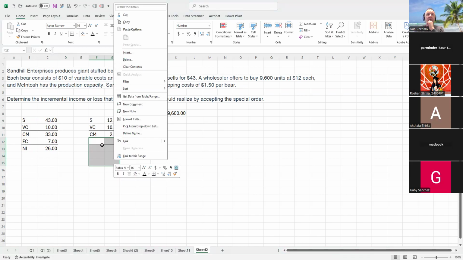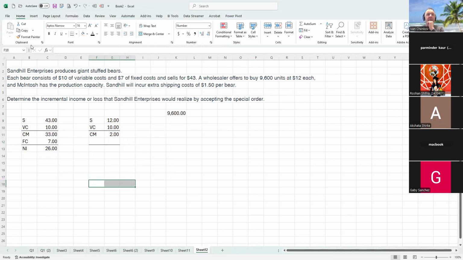Are you comfortable so far with the $2 contribution margin? Is there anything else? A shipping cost. How much is the shipping? 1.50.